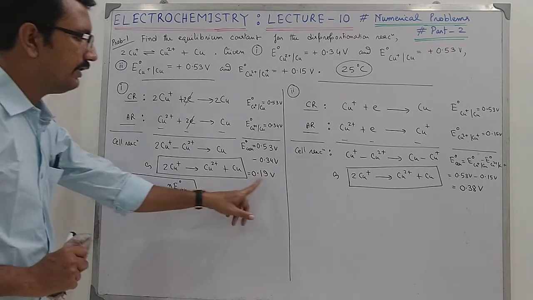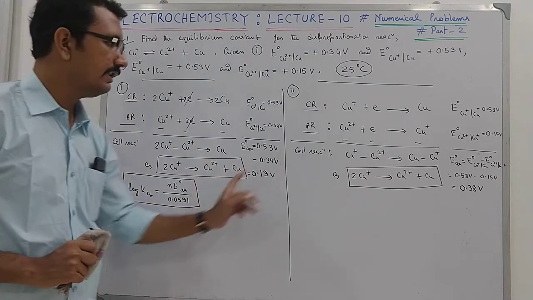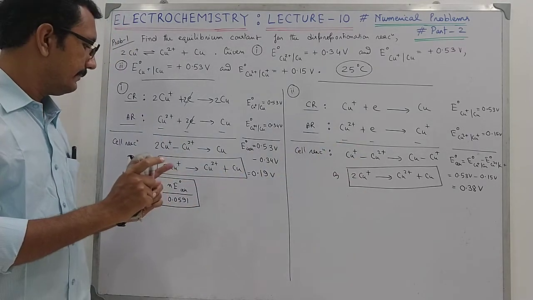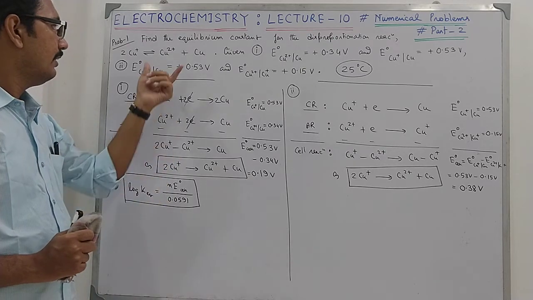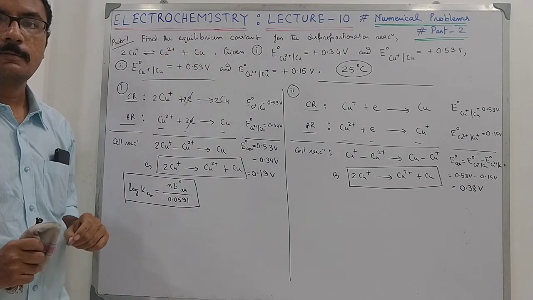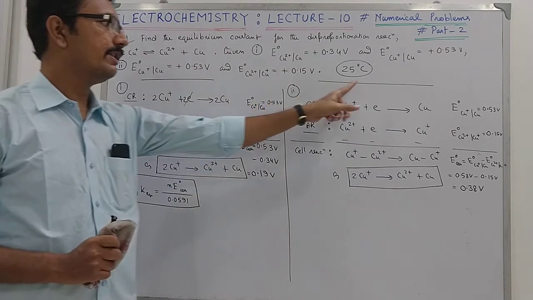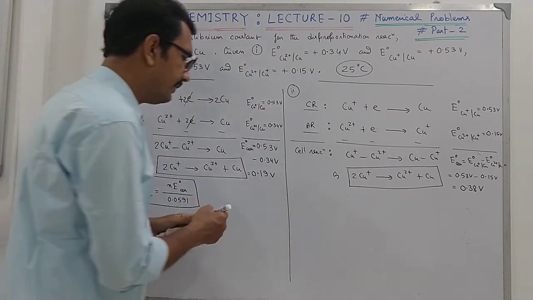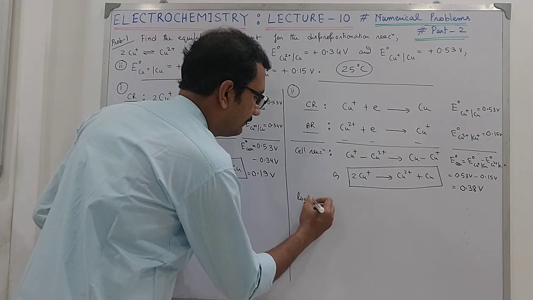Now see, two different EMFs have been obtained. At this point, I was astonished, because I have to find the equilibrium constant for the same reaction. So the value must not change so long as temperature remains constant, and I have put the same temperature in both cases, so that this formula will work here.